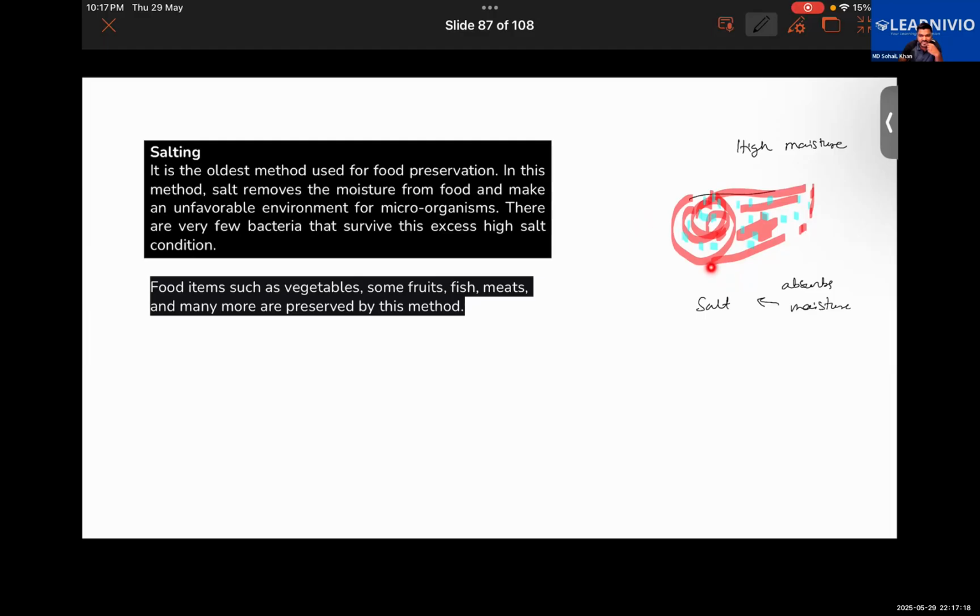Also, since a high amount of salt is added, it makes a very extreme environment for some of them. Hence, very few bacteria would be able to survive in that excessively high salt condition. Many food items like some vegetables, some fruits, fish, meat and many more are preserved by this method. It's one of the oldest methods used for food preservation.